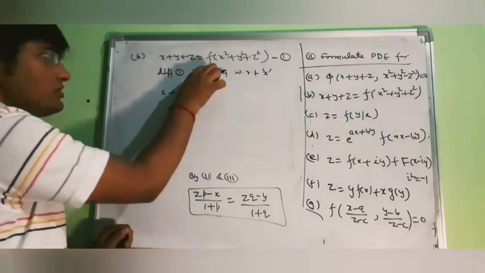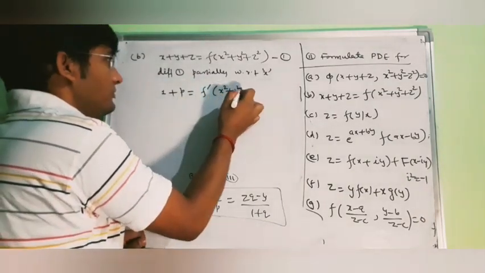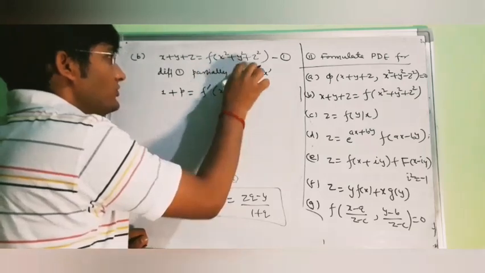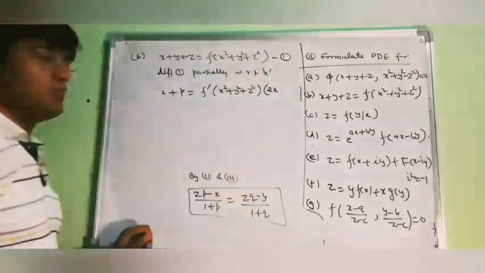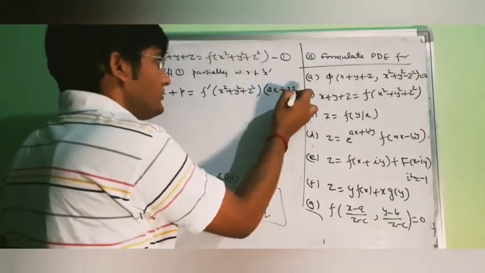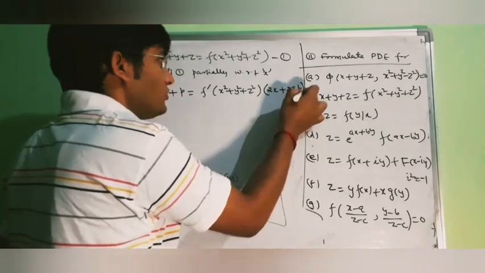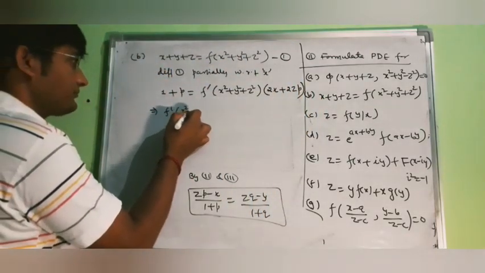Now the differentiation of this function will be, say, f dash, and then the partial differentiation of this bracket with respect to x will be 2 times x, and the differentiation of y square will be 0, and differentiation of z square will be 2z, and differentiation of z will be del z upon del x, which is your p.